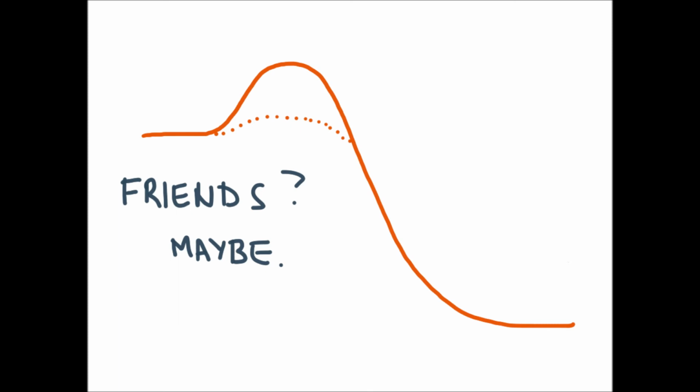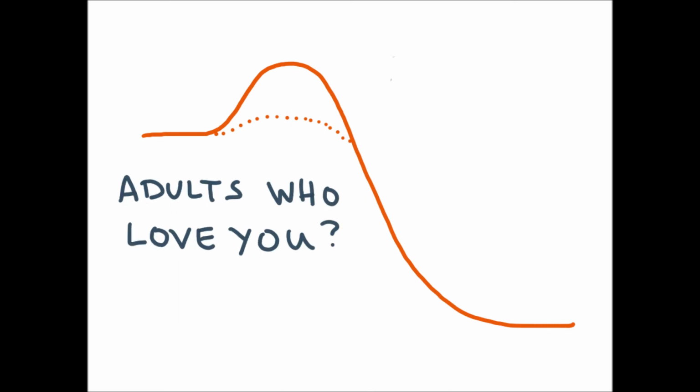That's why they invented adults. Adults who love you. Adults who would do anything for you. Who would step in front of a moving train without even thinking about it. You have some in your life. You have a bunch of them, actually. Definitely.